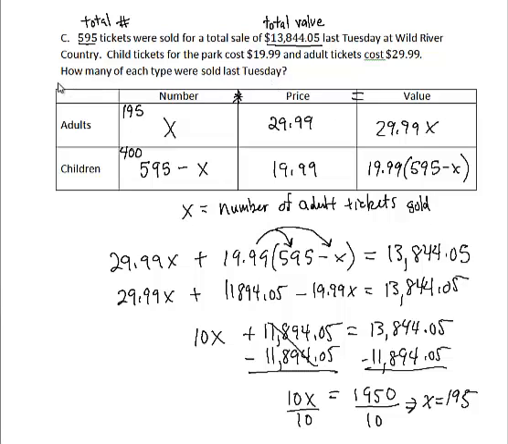We were charged with finding the number of each type that were sold. We now know adults was 195 and children 400, so we've completed the problem. You're not always finished just simply because you found the number x. Sometimes you have to go back to the table and plug it into one of the expressions that you came up with to actually answer the question of the problem.